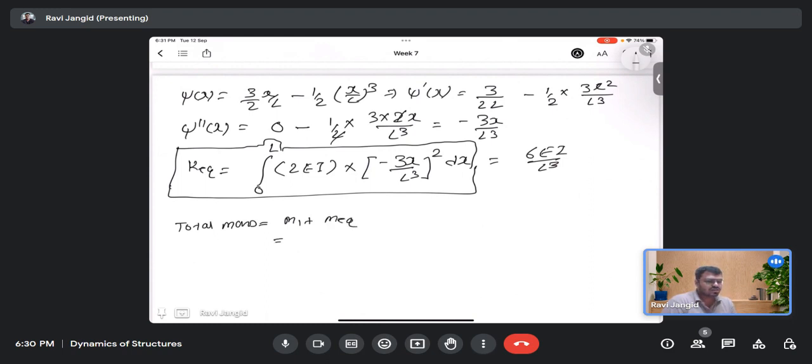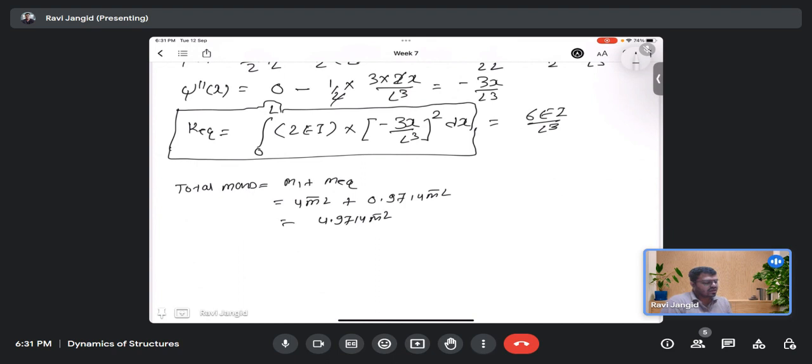That would become 4 m bar L plus m equivalent, which is 0.9714 m bar L. So that becomes 4.97 m bar L. So now I can calculate the time period Tn, that would be 2π root of m by k, I think.